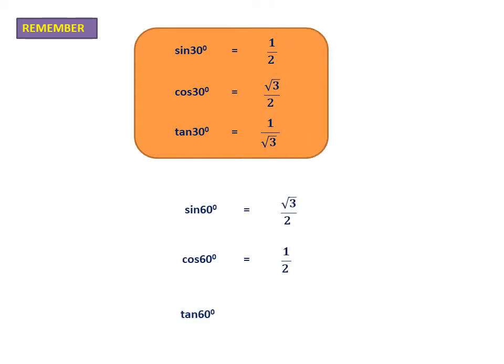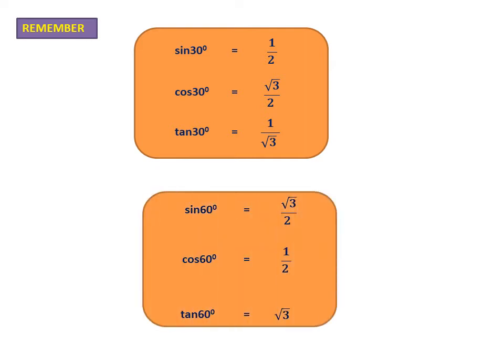But there is a connection also that I will tell you later. So for 45, 3 ratios, 30, 3 ratios, 60, 3 ratios, 9 ratios over. Of course their reciprocals, you need not worry about remembering. So this is the second set.